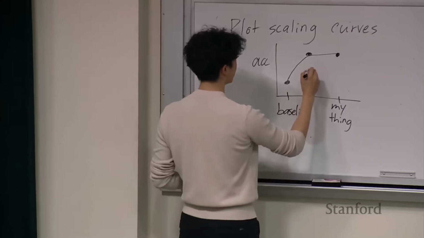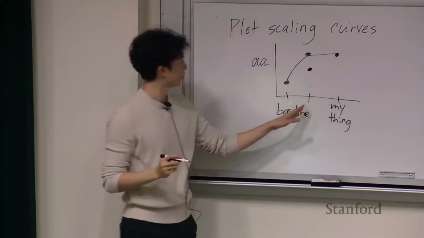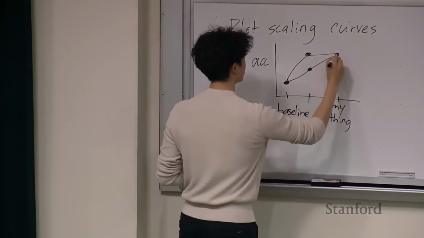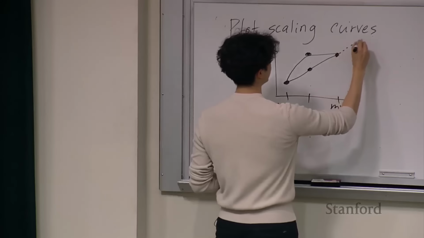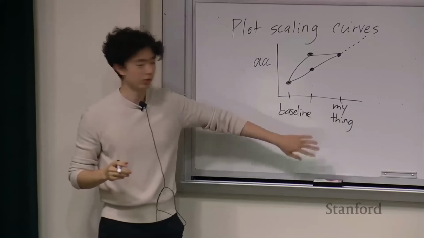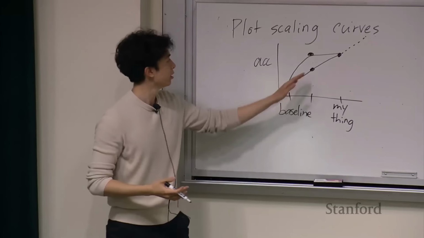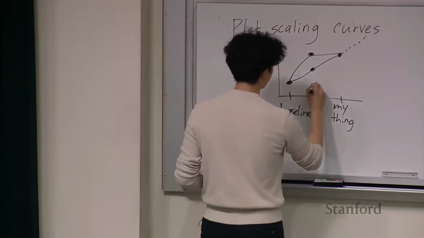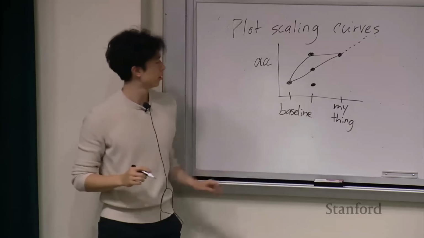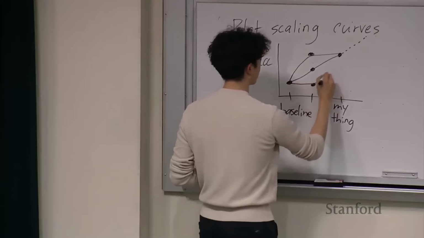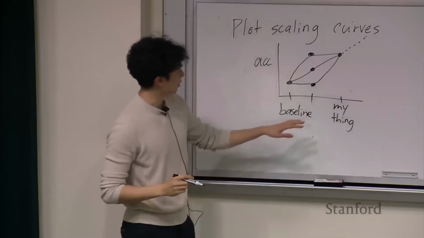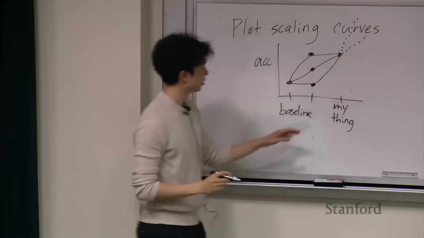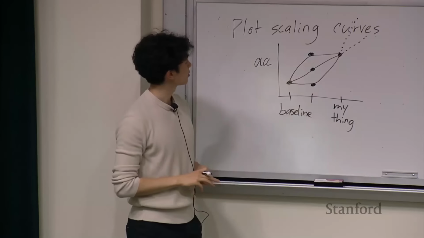Another scenario would be if you plotted that point and it was there, then your curve will look like this, and potentially, if you kept doing more of whatever your research project is, you'd see an improvement in performance. And then finally, maybe your point is there, so your curve looks like this. In this case, you would expect to see an even larger jump in performance after you continue doing your thing.